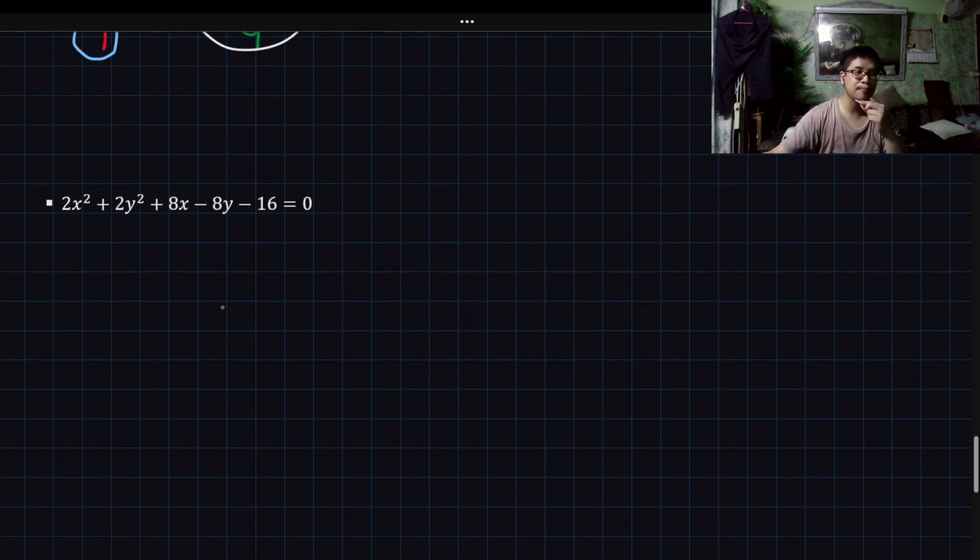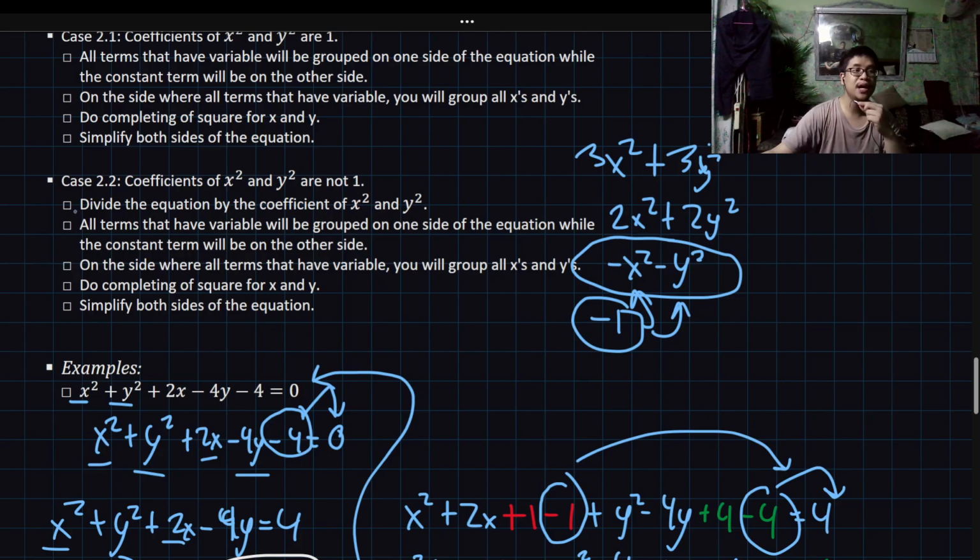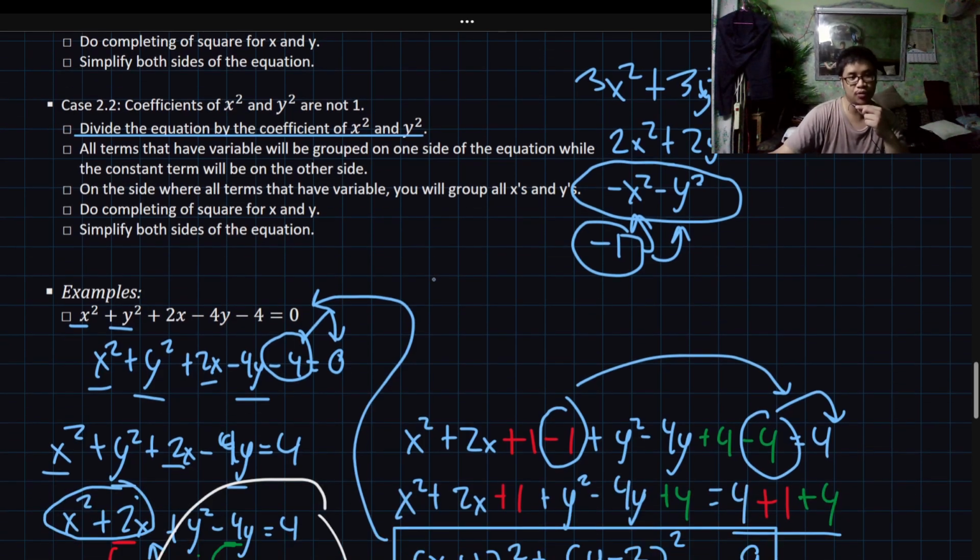Okay, let me rewrite the problem here again. We have again 2x squared plus 2y squared plus 8x minus 8y minus 16. First step, divide the equation by the coefficient of x squared and y squared.